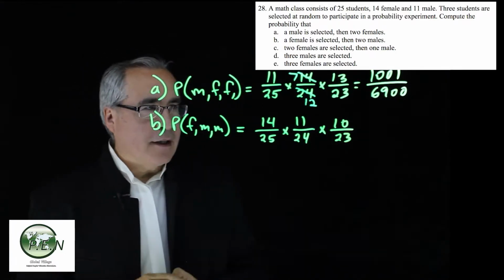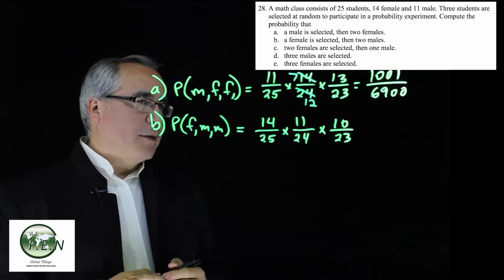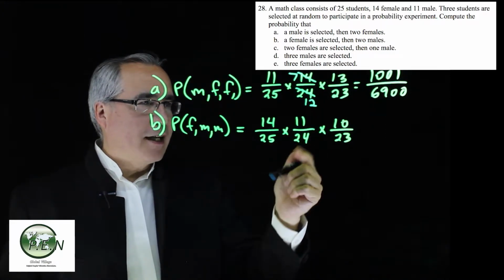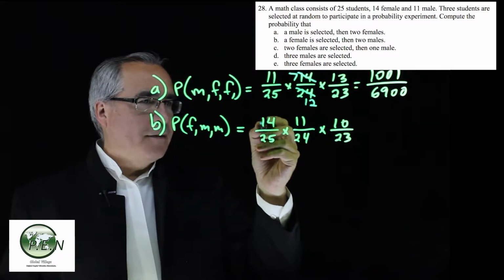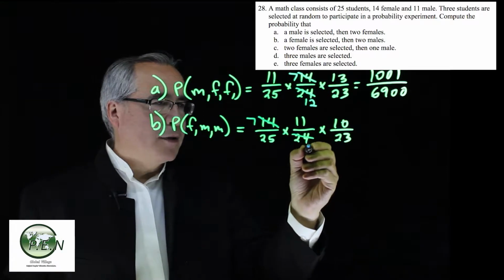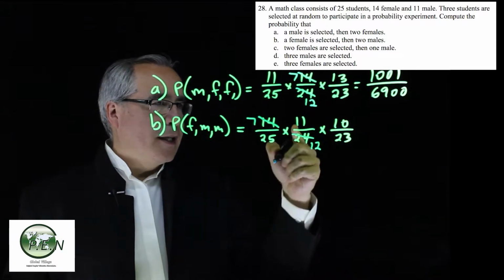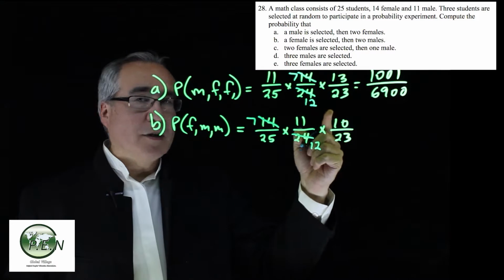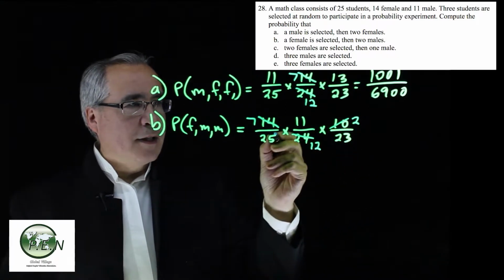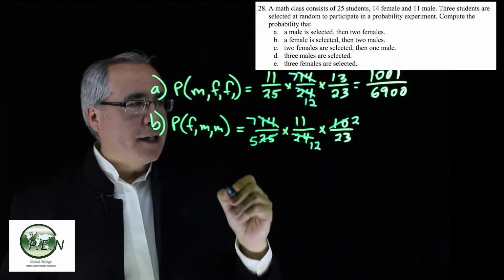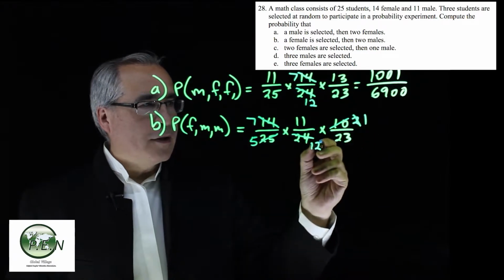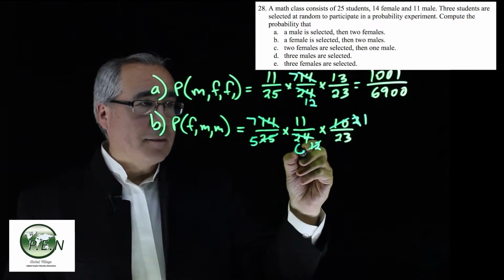Now again, to do this calculation, we've got to try to reduce a bit, and we can do some sort of cross canceling, I guess. 2 goes into 14 7 times, 2 goes into 24 12 times. Let's see, what else can we do? 10 has both a 2 and a 5 in there. So 5 goes into 10 twice. 5 goes into 25 5 times. 2 goes into 12. So 2 goes into 2 once. 2 goes into 12 6 times.